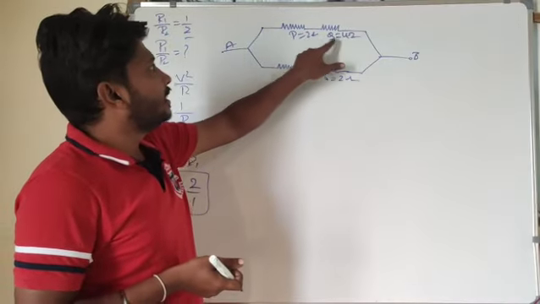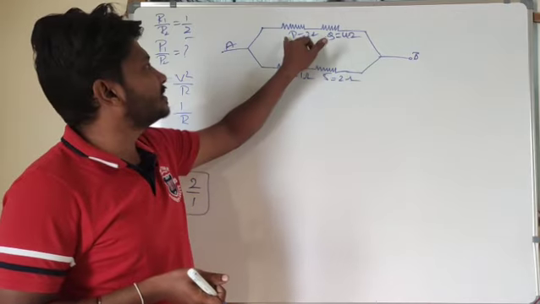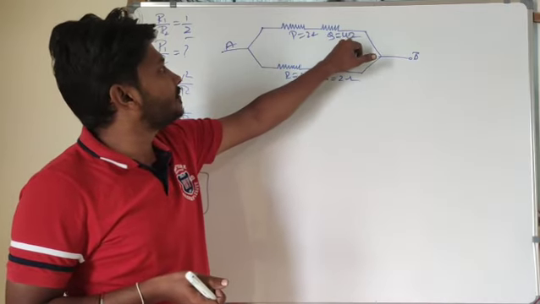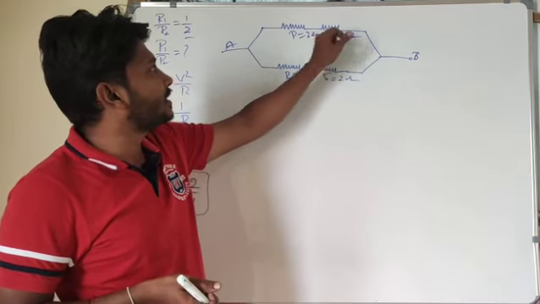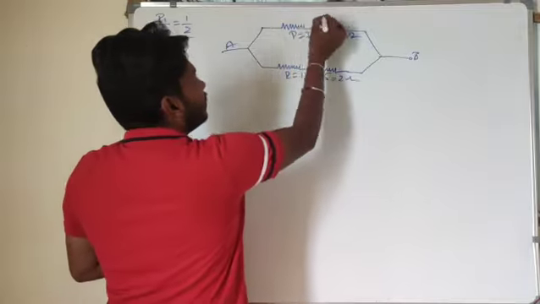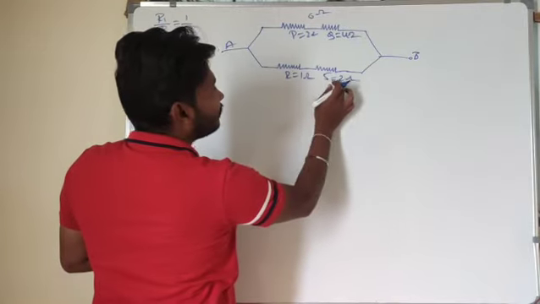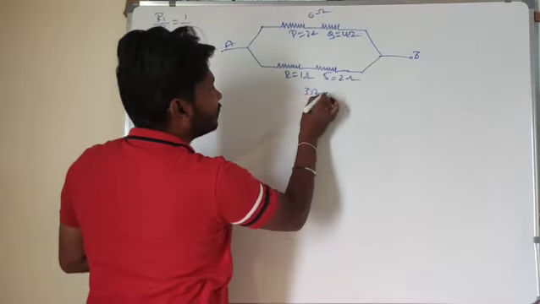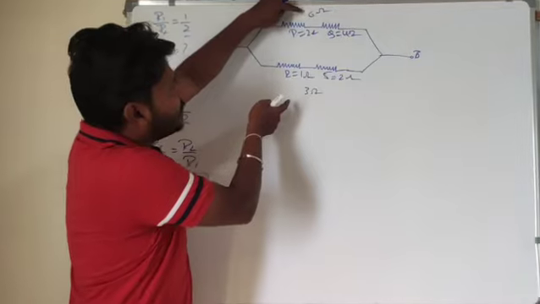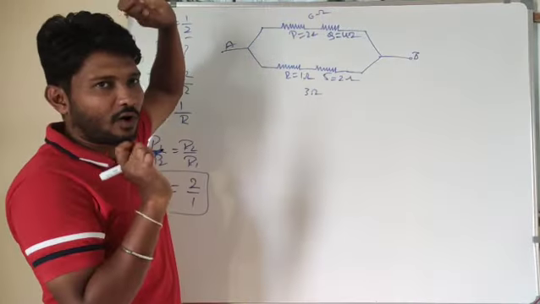Look at here, these two resistors are connected in series combination. So 2 plus 4 gives 6 ohm resistance. Instead of those two, I will take a single 6 ohm here. Here also 2 plus 1, so 3 ohm. Now 6 ohm and 3 ohm are in parallel combination, right?